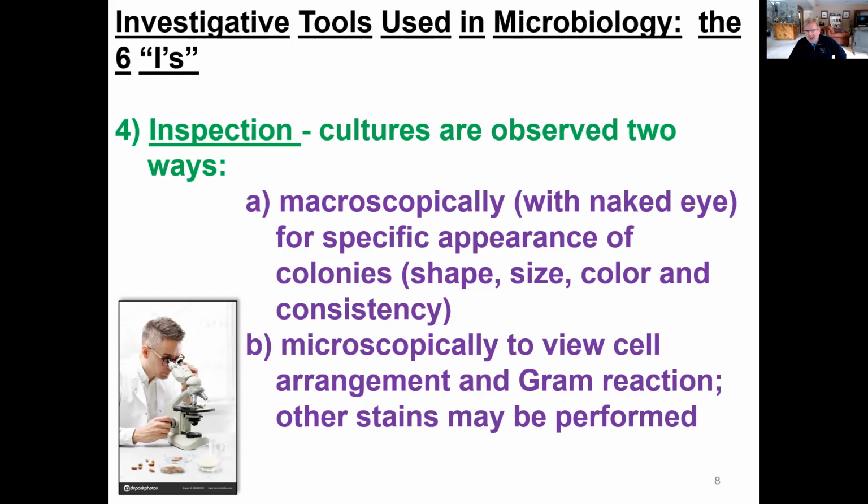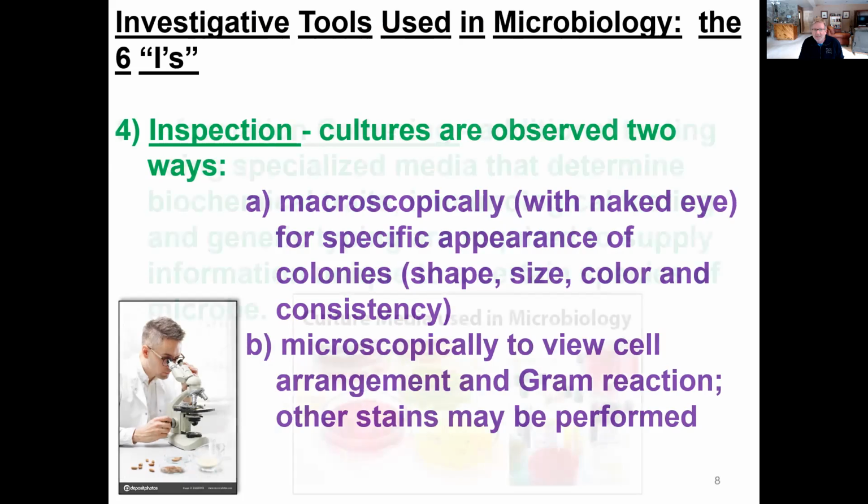Or you may be looking at particular structures that the bacteria might have, say flagella, or the presence of, say, an outer capsule. So microscopic analysis is an important integral part of microbiology. And as I said, you're going to be spending lots of time with the microscope in lab. So we want to be very proficient and comfortable using it.